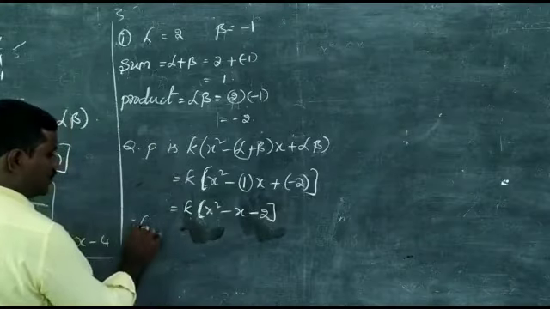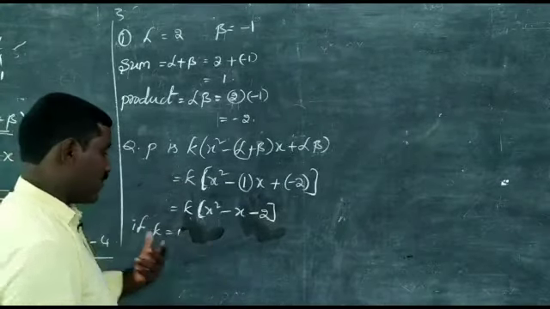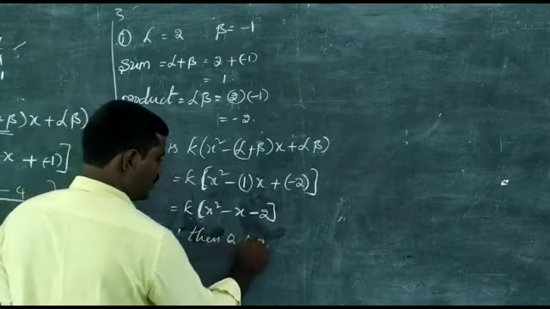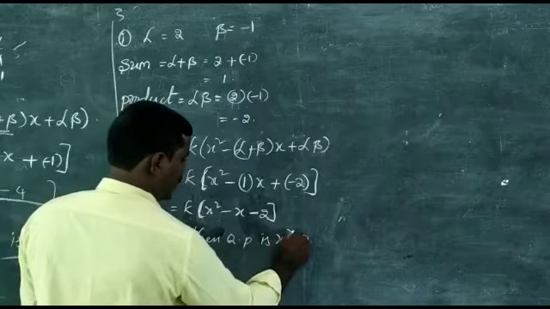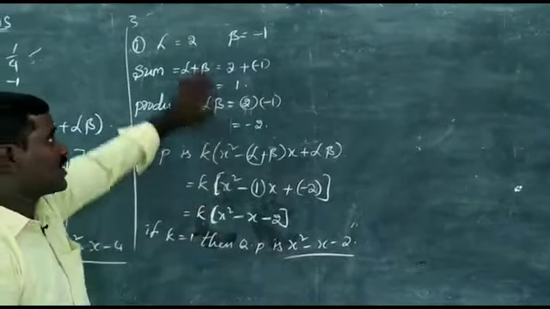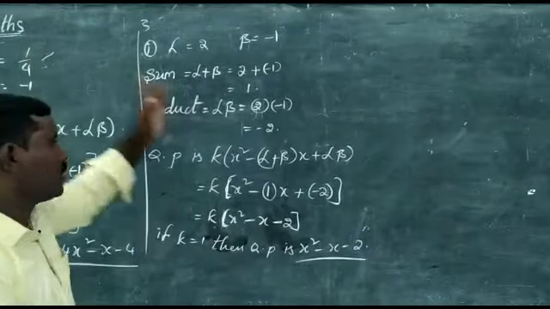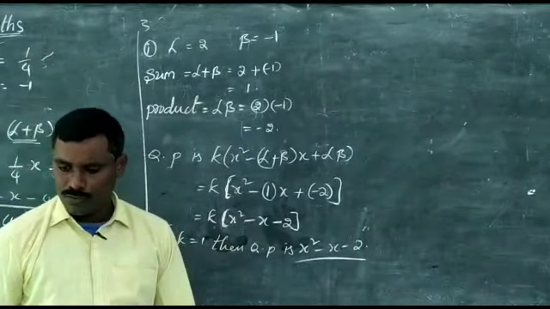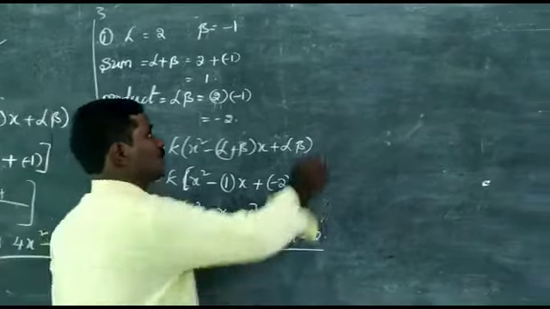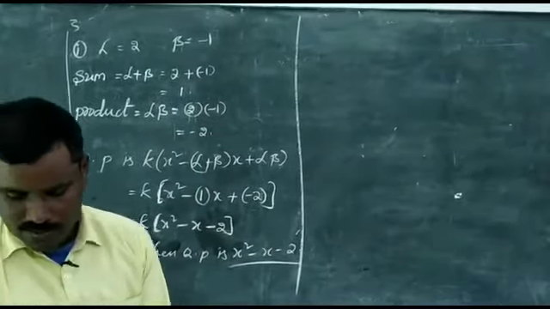If k equal to 1, there is no denominator, that's why I am taking k equal to 1. Then the quadratic polynomial is x square minus x minus 2. Now it is completed. When zeros are given, find sum and product and then continue as in the second Roman problem. Now we have the last problem, fourth Roman, a very important 4 marks question, and the same as one example also there.